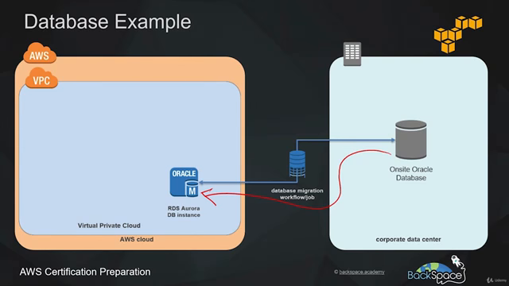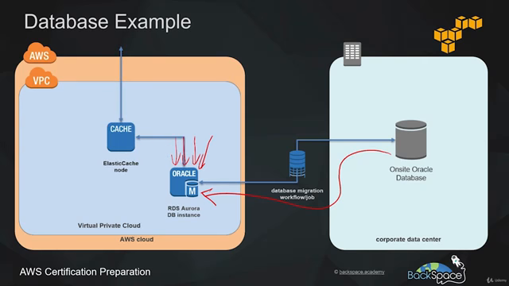Now let's say our new database is becoming overwhelmed with requests for frequently accessed data, and we would like a high-speed way of accessing that data. And this is where ElastiCache can help us.